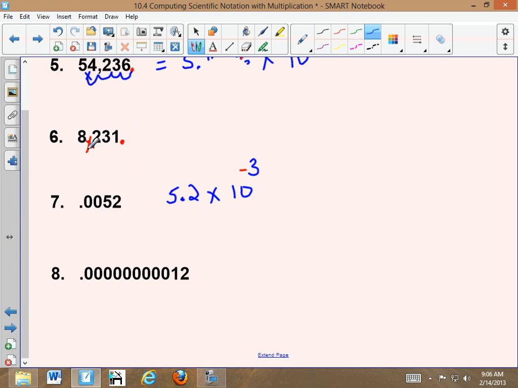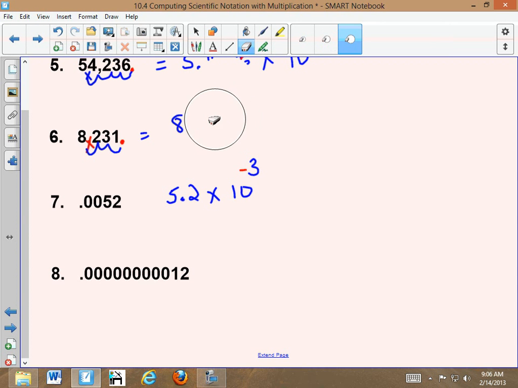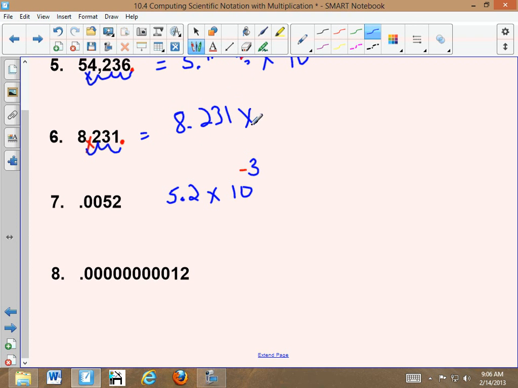So now I move from the x to the decimal. How many am I going to move? 1, 2, 3. So this equals 8.231 times 10. How many times did I move it? To the third. Did I move right or left? So it stays positive.